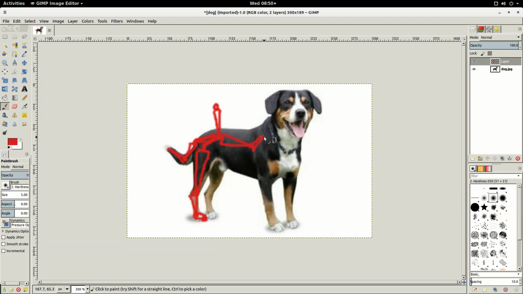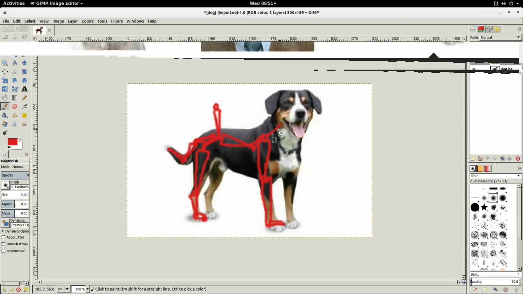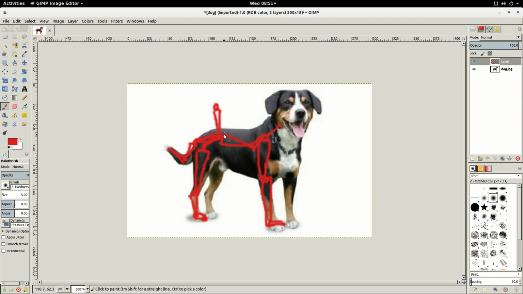Maybe there will be another bone like this, and then there will be a bone over here, another one over here, and another one going forward. So that's that, and then we can have the bones for the neck and everything else. Probably I don't need to complete this, you get the idea.